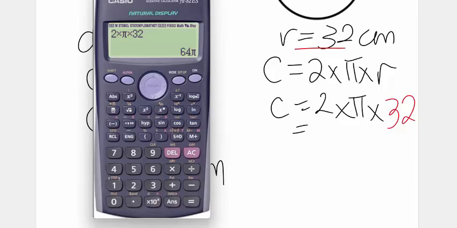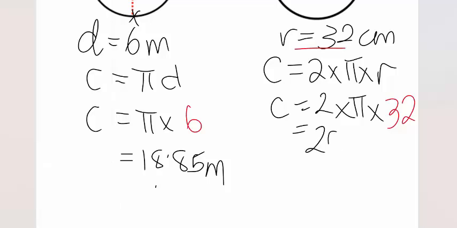I don't need to press Shift, it's standard to decimals. So this equals 201.06. So we'll write that in, 201.06, and I didn't leave enough room, but centimetres. So hopefully you'll be able to go on and do all those questions.